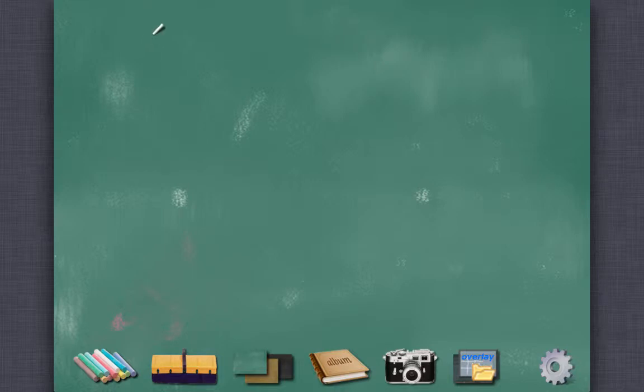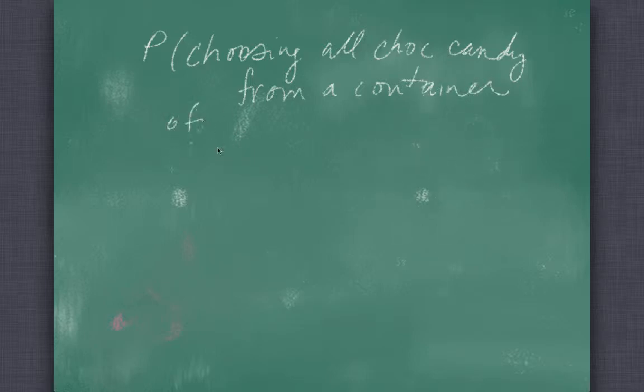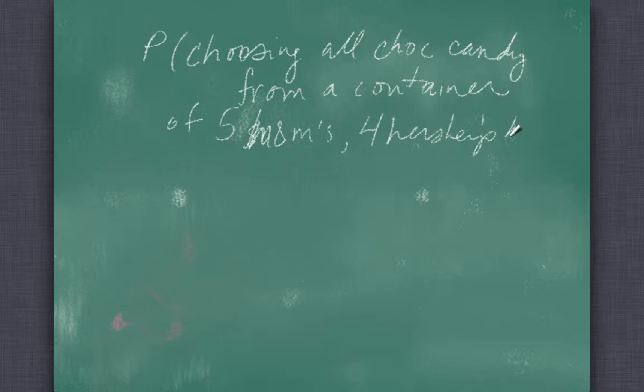Okay. So if I wanted the probability of choosing all chocolate candy from a container of, how's this for shoddy notation? 5 Snickers, no, we'll say M&Ms, 4 Hershey's Kisses, and 8 boxes of Runs.